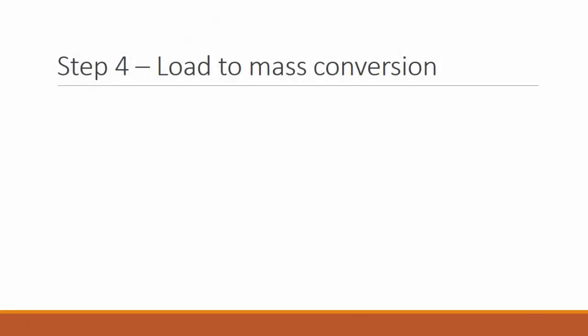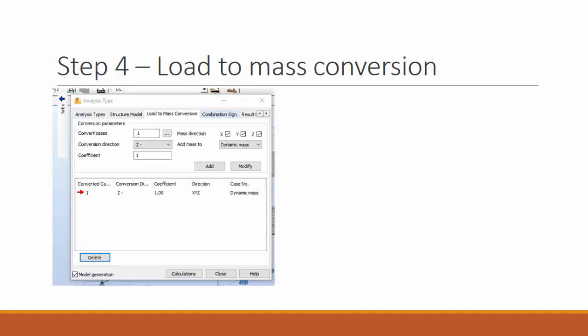To finish that, you need to define the mass that is going to be used in the seismic conditions of a structure. You do that in the load to mass conversion, also in the analysis types. The best way to do it is to add mass. You simply convert the cases that you think you need to convert.